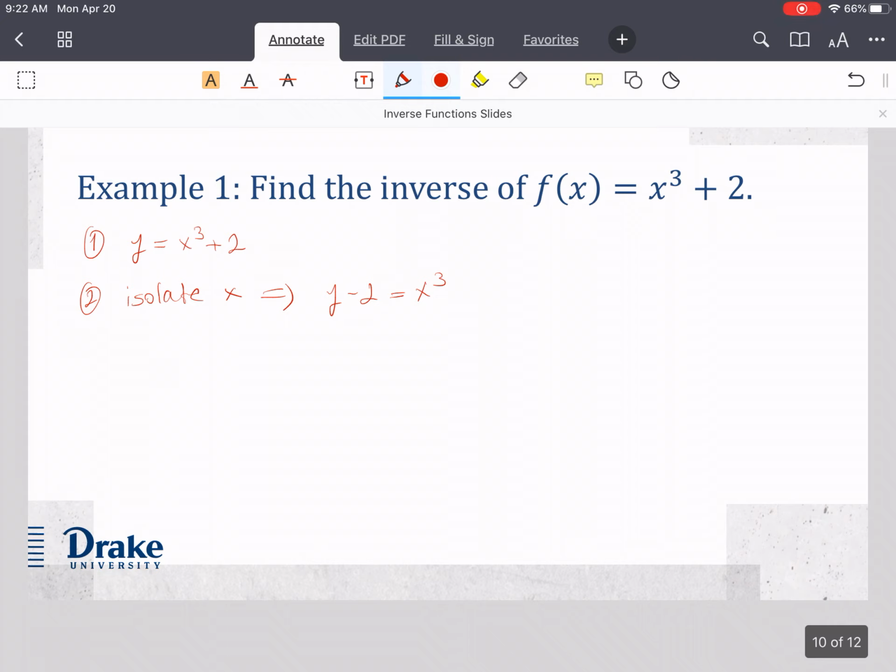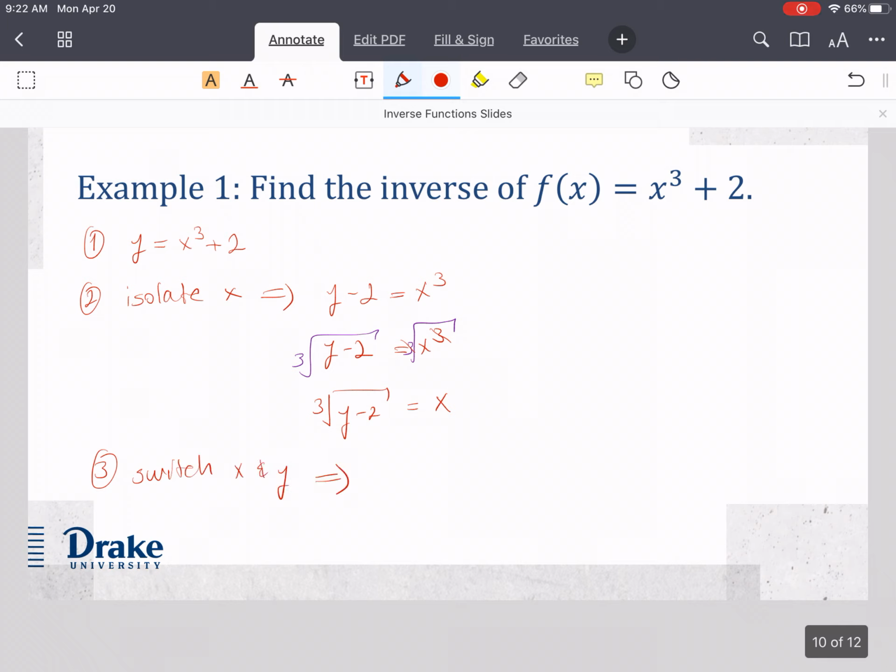To get just x instead of x cubed, I'm going to take the cube root of both sides of this equation. And then the cube root cancels out the cube. So x equals the cube root of y minus 2. The last step is you switch x and y.